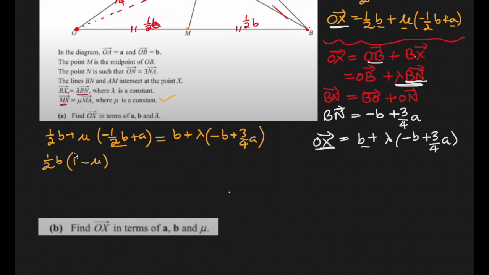If you think wisely, this mu will multiply with minus half B, and half B is taken common, so minus mu is left. Now I'm left with A and mu, so I will write mu A. Equal to, same thing I'll do here. I'll take B common. So nothing is left here, so 1. But here minus lambda is left. Here lambda will also multiply with 3/4 of A.